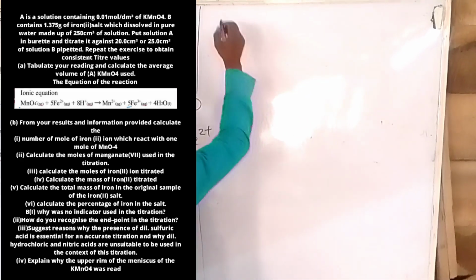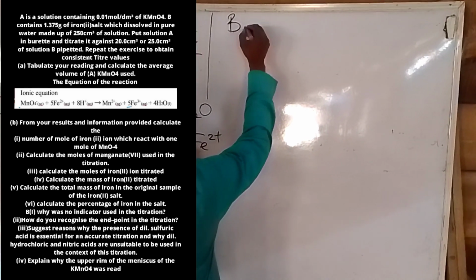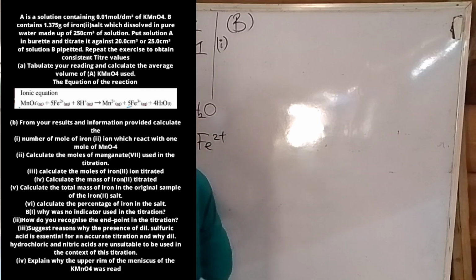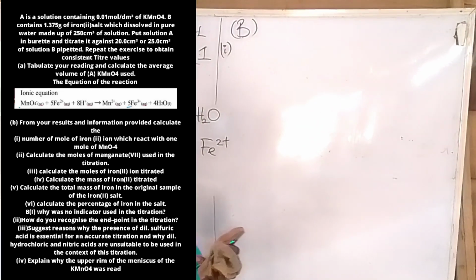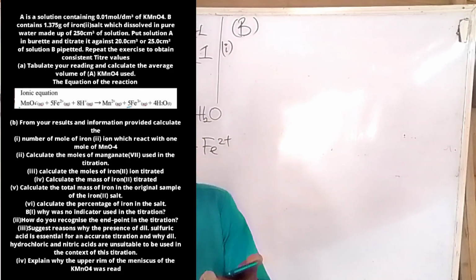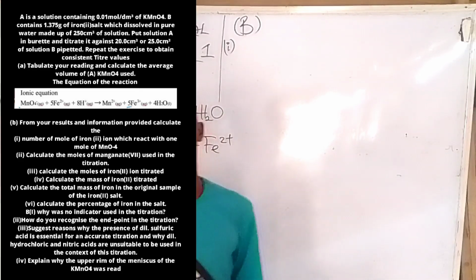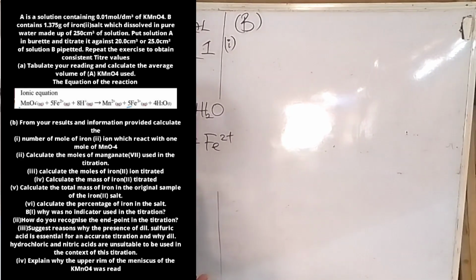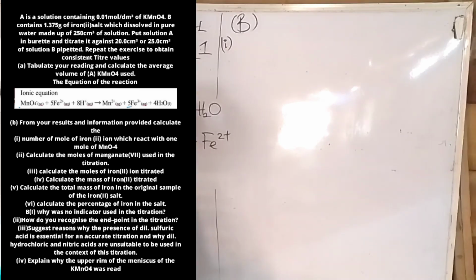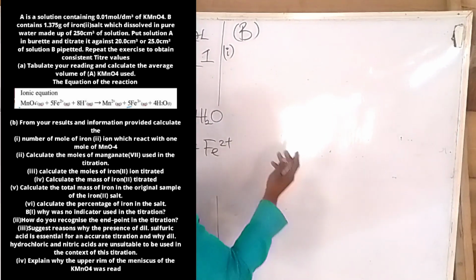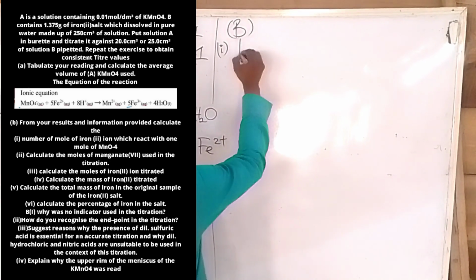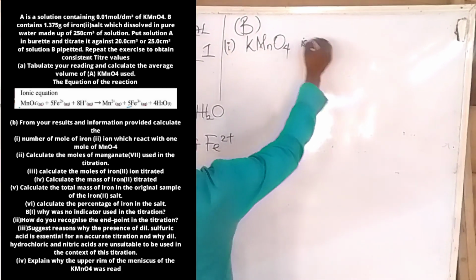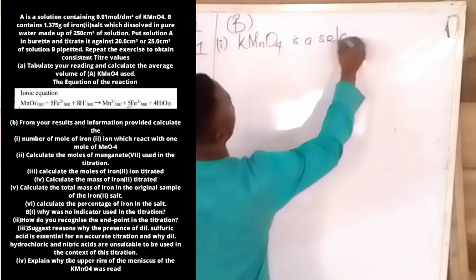That place that is representing capital letter B. So let me start with the I part. The question says, why was no indicator used in the titration? Now, in as much as the titration involved KMnO4, KMnO4 is a self-indicator.